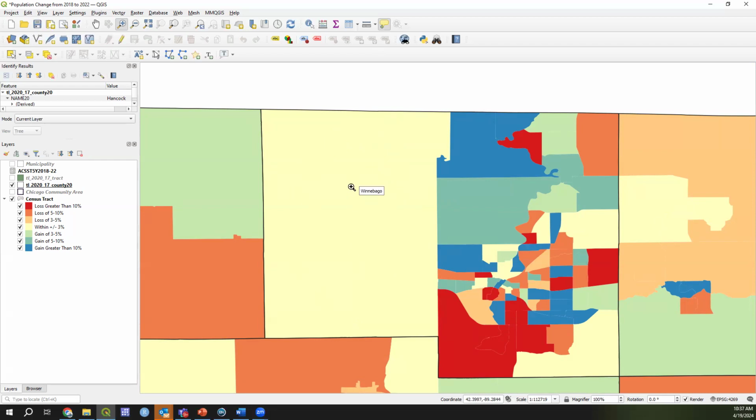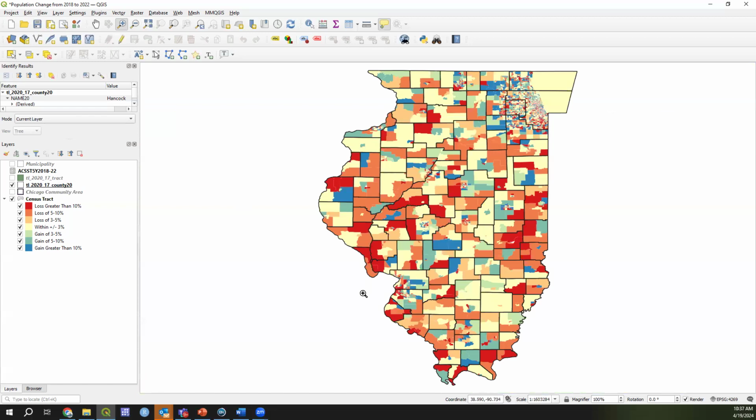So that indicates that this is a rural area of the county. And the outlying areas of Rockford have gained population quite a bit, which is a good sign. Rockford for a very long time has been deteriorating and it seems to be gaining population as of late. So that's a good sign.